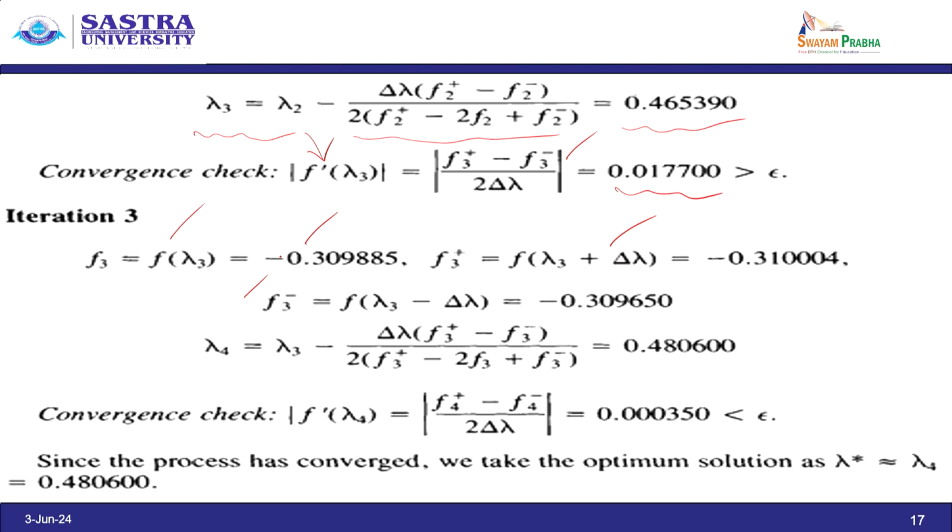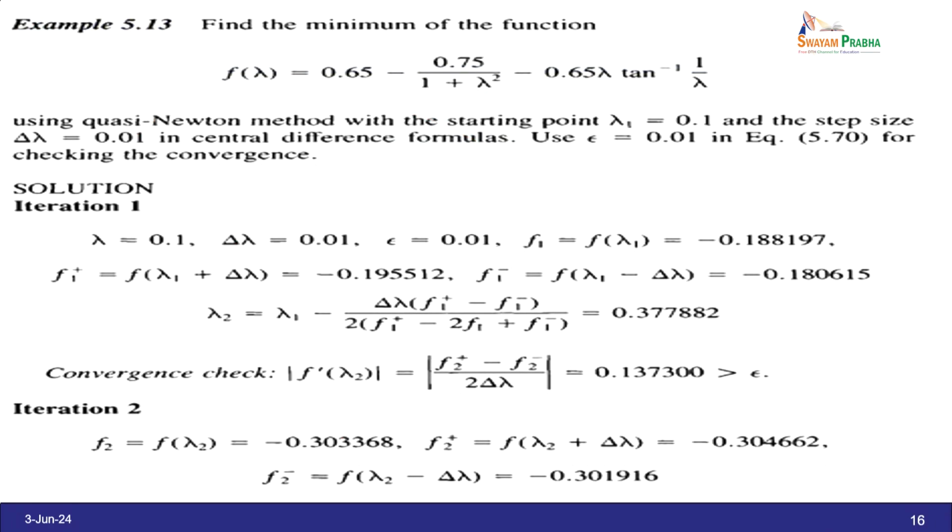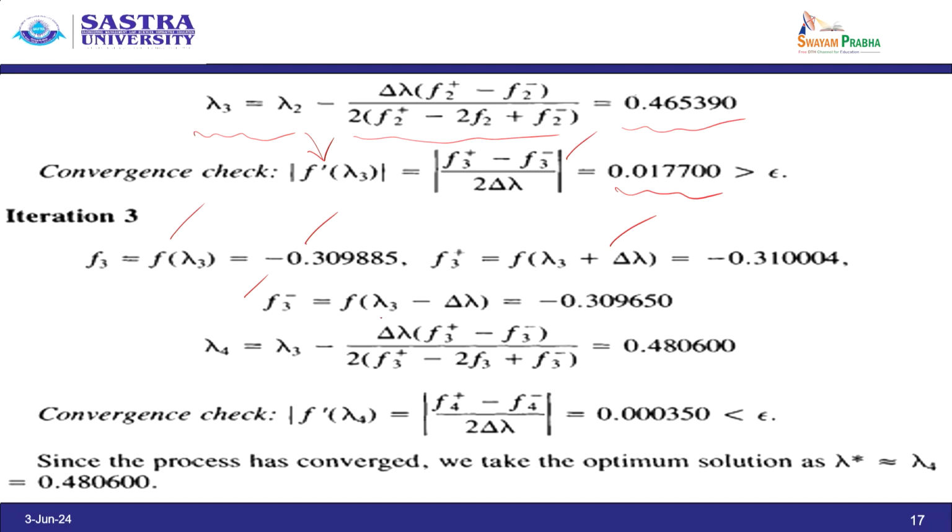So, f3 minus equal to f of lambda 3 minus delta lambda, and lambda 3 is 0.465390 minus delta lambda 0.01, and subtract them and find the value, substitute that value in the given equation 1. So, that is minus 0.309650 will come.